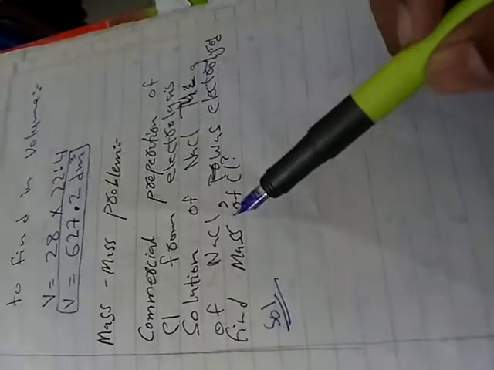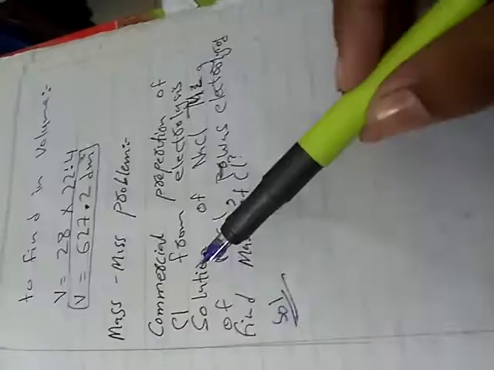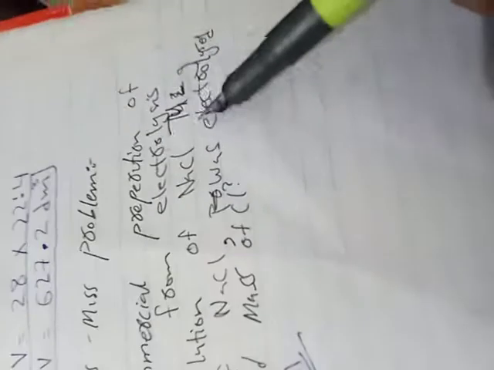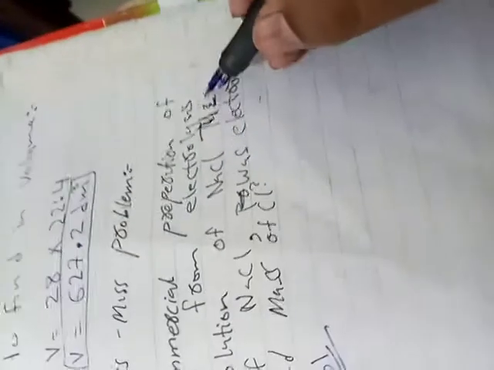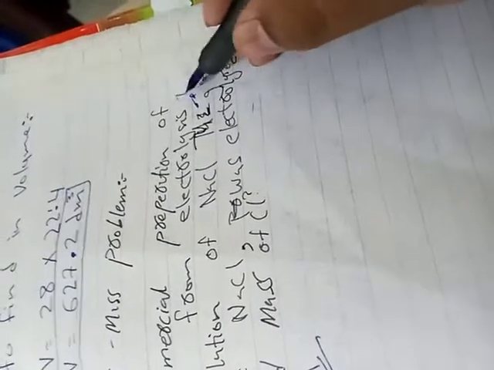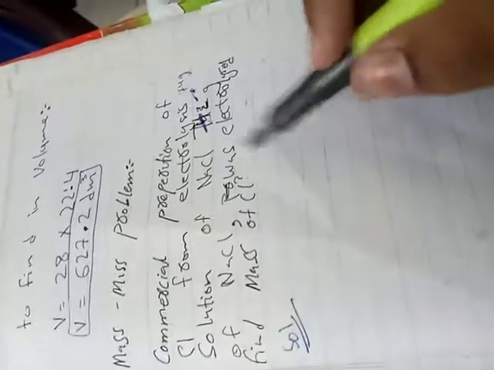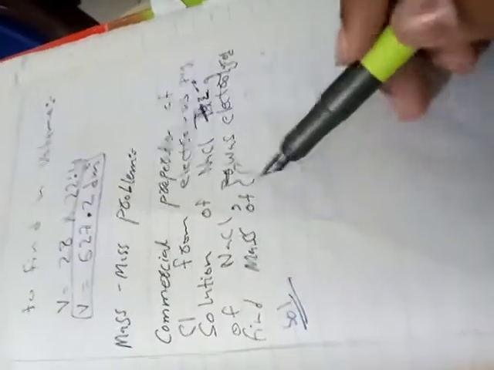NaCl solution has been electrolyzed to prepare chlorine. 74 grams of NaCl was electrolyzed. Find the mass of chlorine.